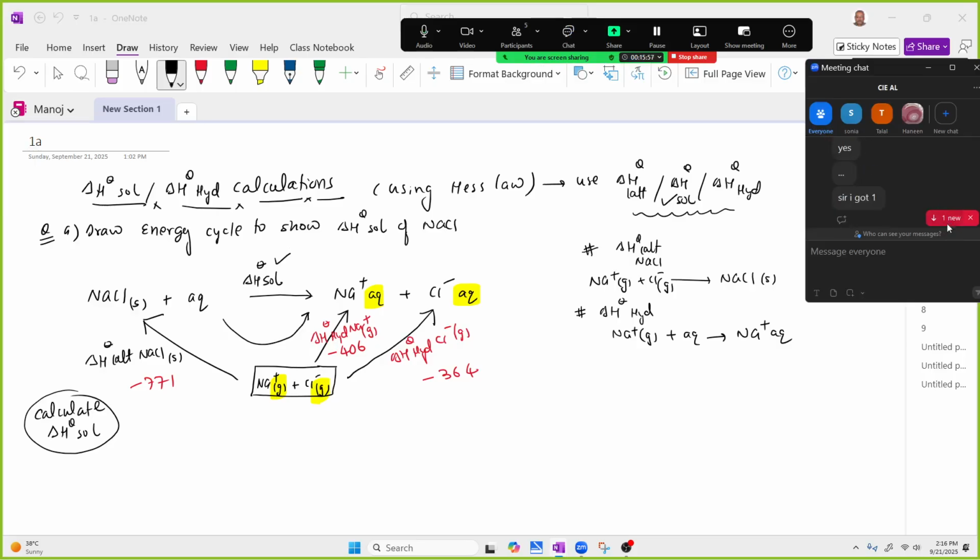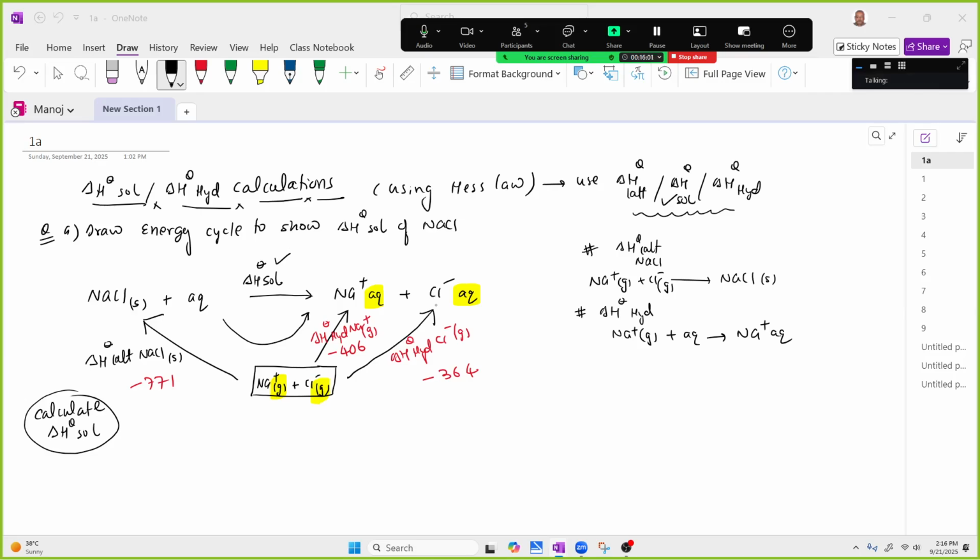Very good. That is the correct answer there. So as you notice here, the arrow directions are opposite, you see. If the arrow directions are opposite, I hope you remember what I taught you last year: you will change the signs. So this is -771.